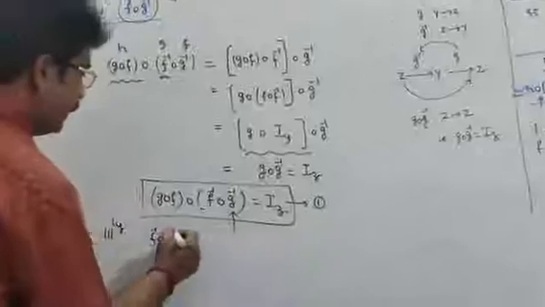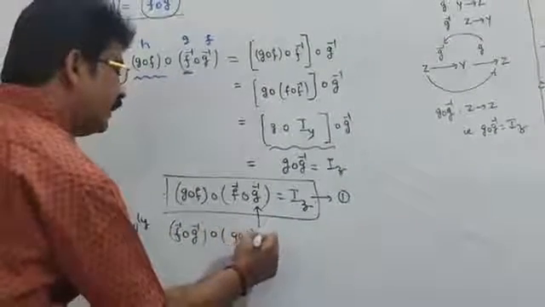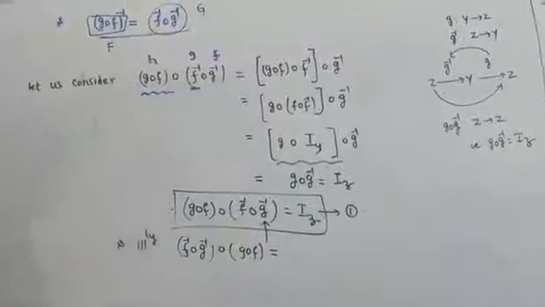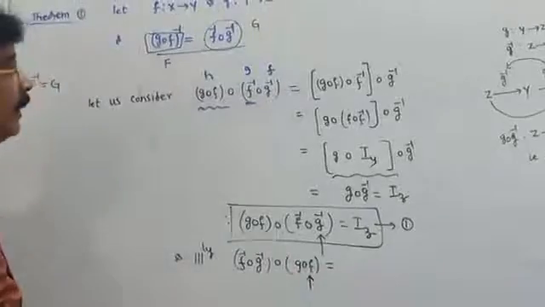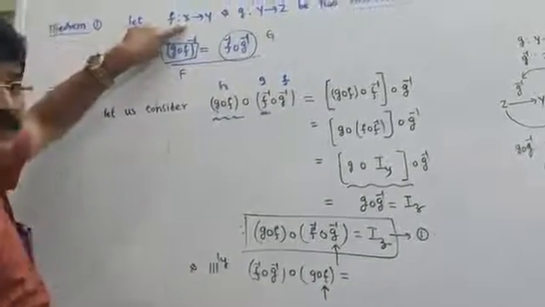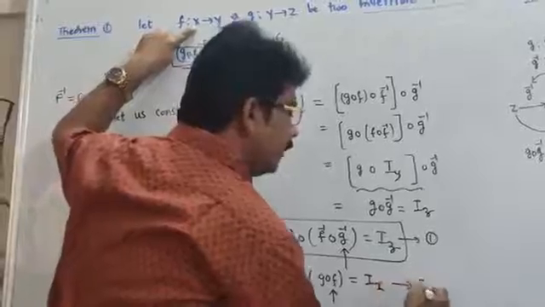So, the second one, G circle F equal to, what I said, what is the last letter? F. F, its domain is X, that is I X. Let it be number 2.